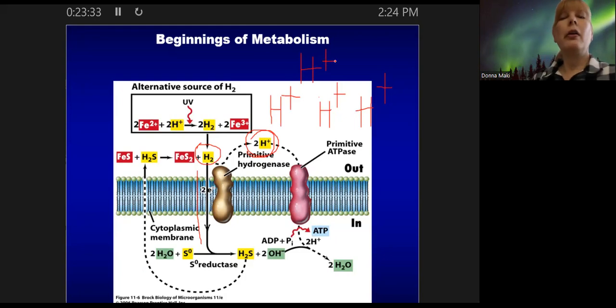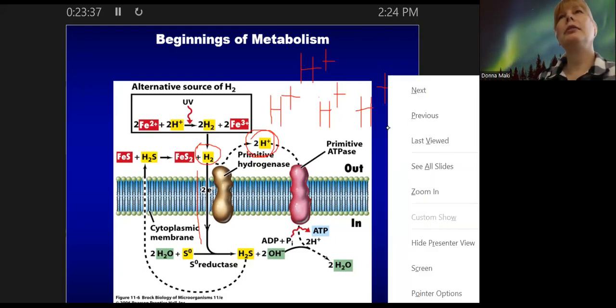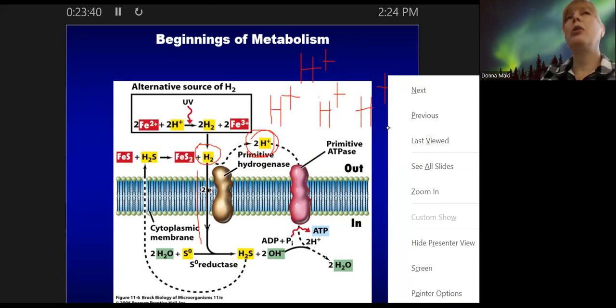Okay. Well, then what that does is it creates a gradient of protons across that membrane. This is a really important concept. I am going to talk about this a lot in this slide. Right? Proton gradient. More protons outside the cell, less protons in the cell.